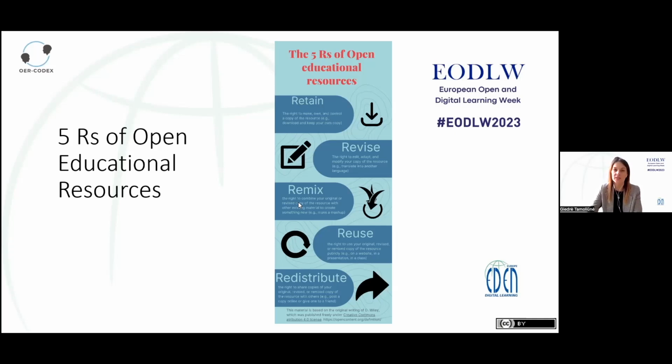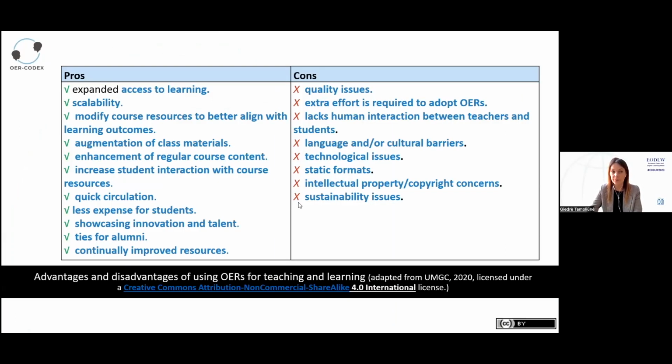even in more detail. So these 5 Rs help serve as a simple way of remembering activities that a license must allow you to undertake with an educational resource for it to be publicly considered as an open educational resource.